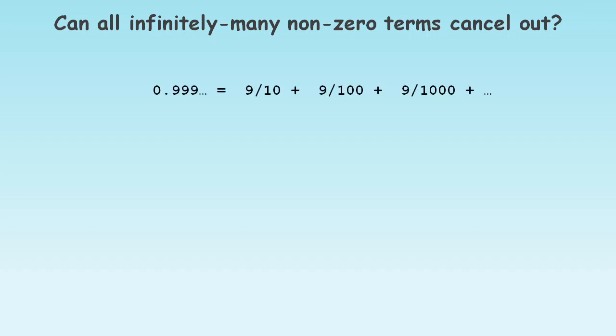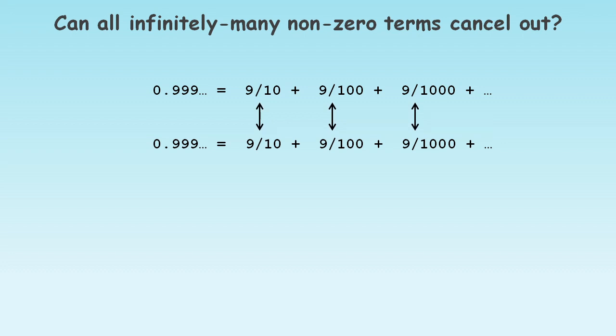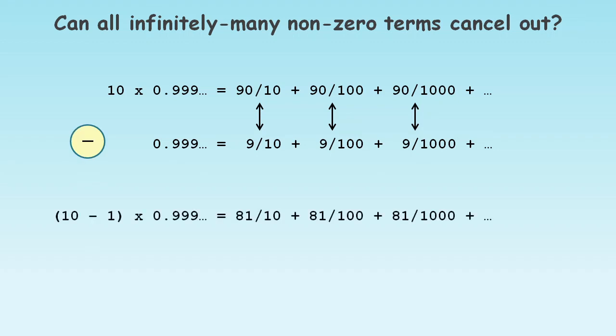If we work with the series instead of the decimal, we write it down again and note the one-to-one correspondence between the terms of the sequence, then we multiply the top line by 10. Note that each term of the series gets multiplied by 10, and we keep the one-to-one correspondence with the original terms. Now we do the subtraction, and the resulting series on the right-hand side is 81 over 10 plus 81 over 100 and so on.